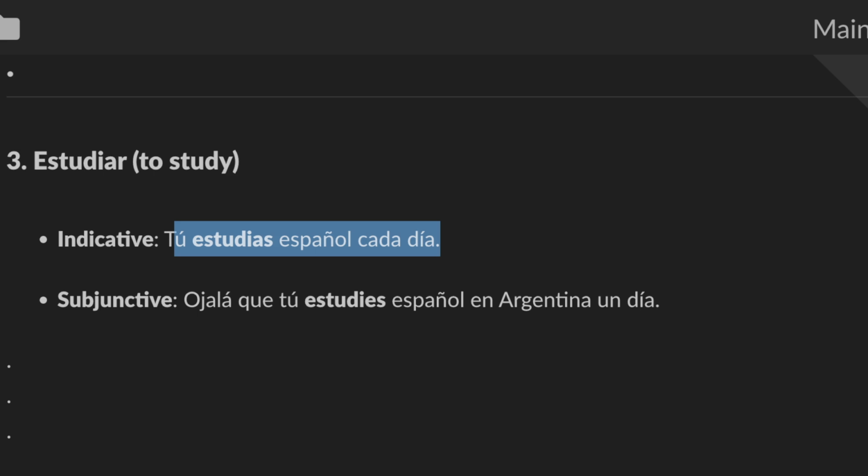Yeah, it's true. It's a fact about me. The subjunctive says, ojalá que tú estudies español en Argentina un día. Ojalá means I hope. I hope that you study Spanish in Argentina one day.